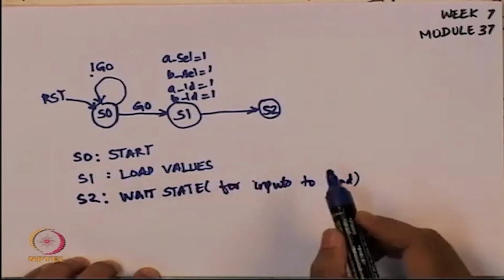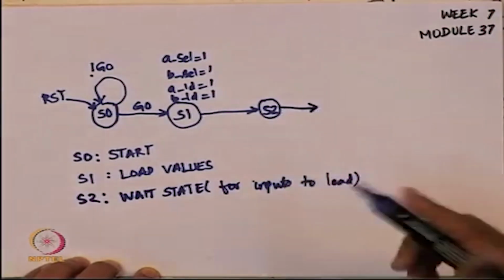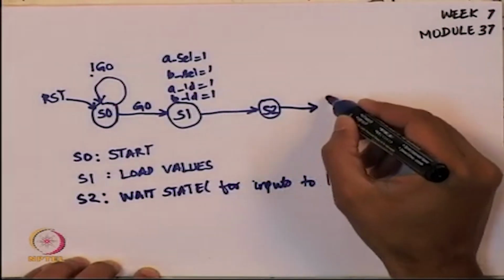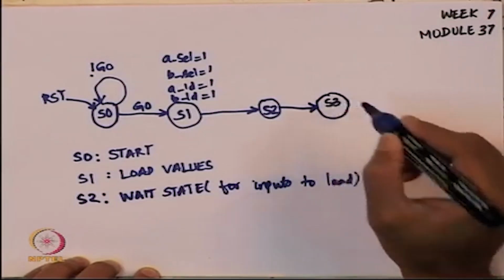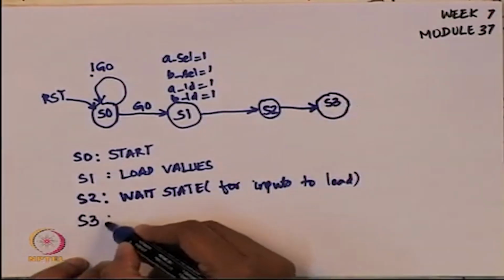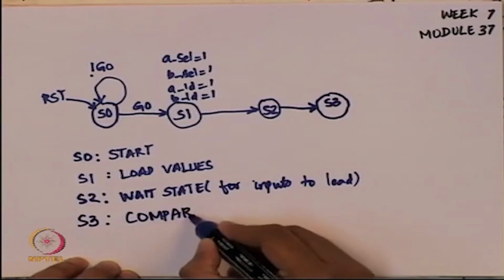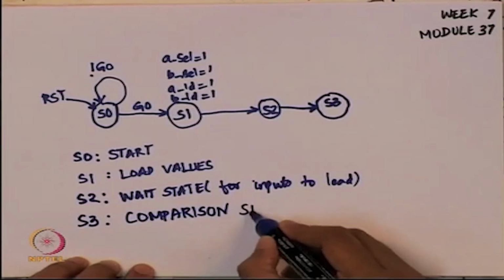So, once the inputs are loaded, then the data path will have all the correct elements, the comparator will have the correct output. So, at this point the first thing I have to do is I have to go and look at comparison. So, S3 is supposed to be a comparison state. At this point the controller is in a comparison state.